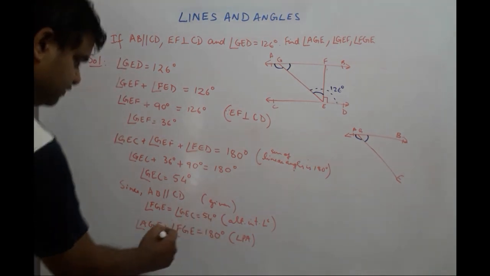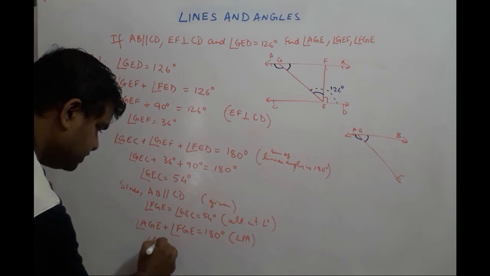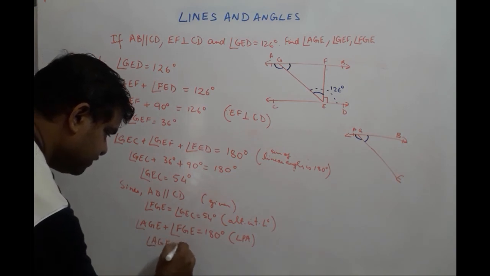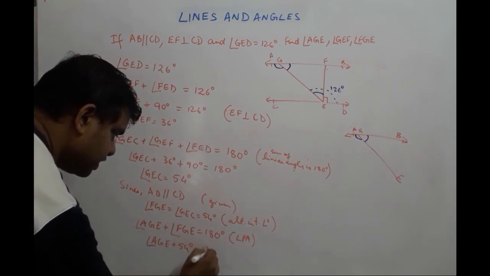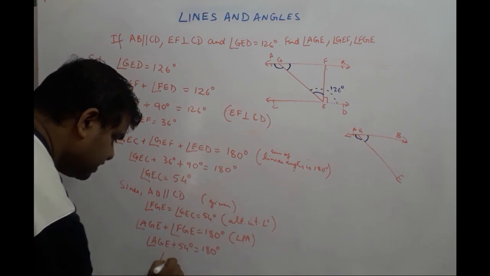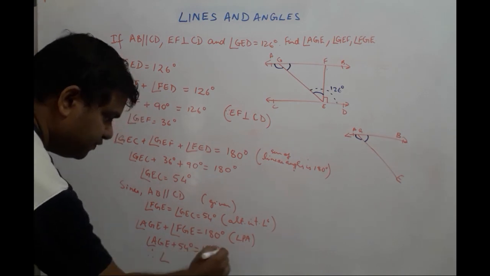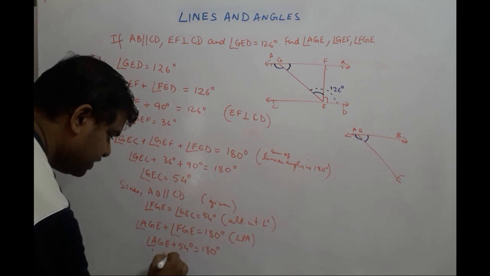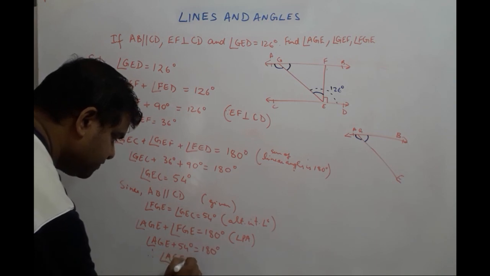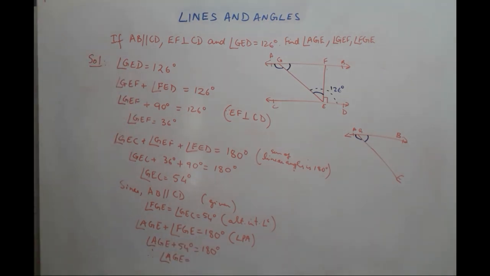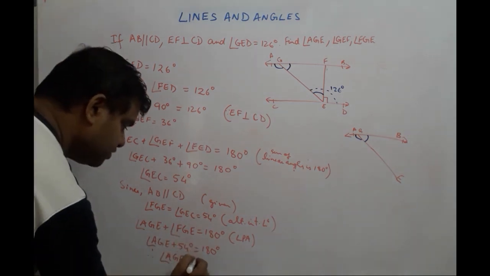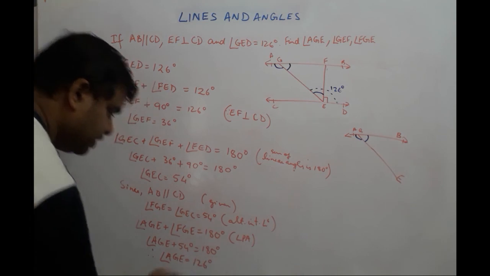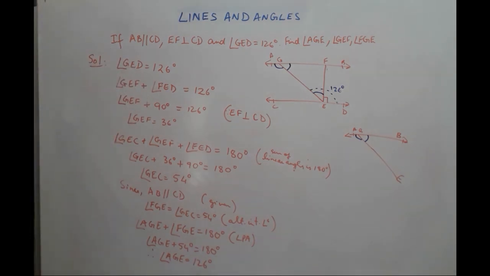FGE we've got at 54 degrees, so we write AGE plus 54 degrees equal to 180 degrees, and therefore when we take 54 on the other side and subtract, we get angle AGE equal to 180 minus 54 degrees, that will be 126 degrees.